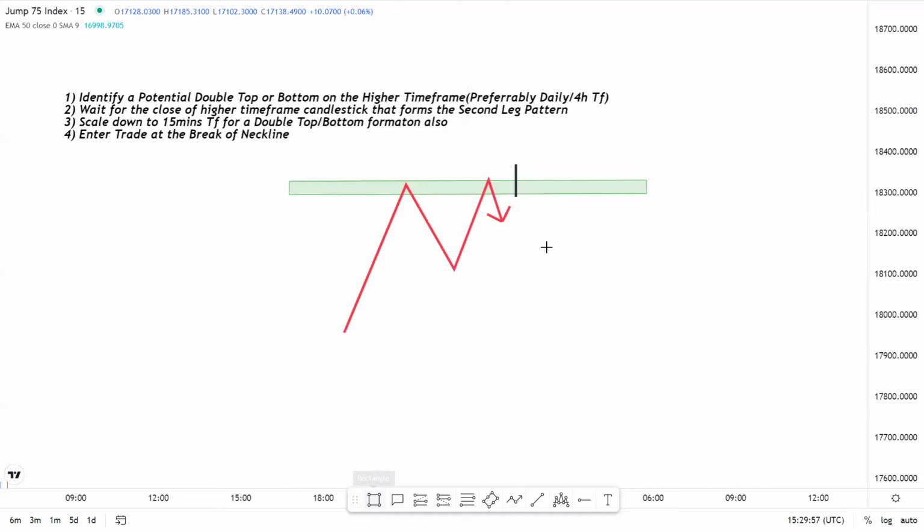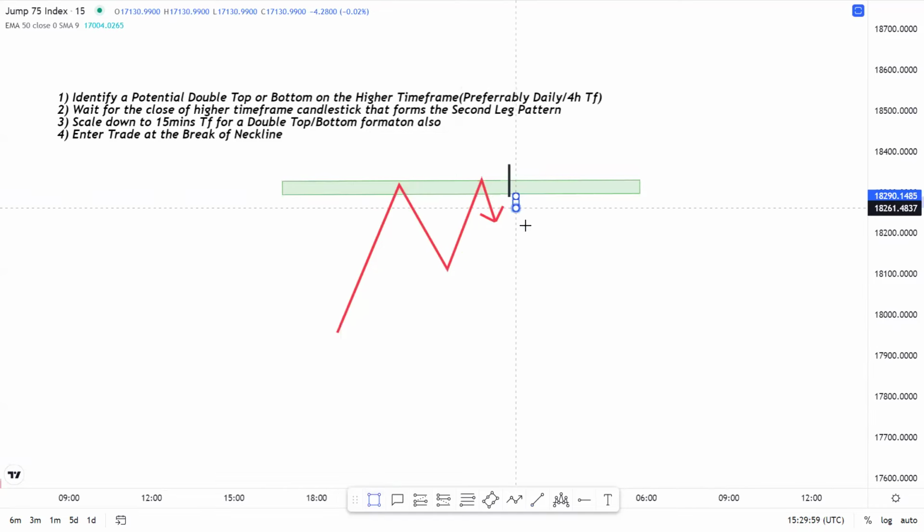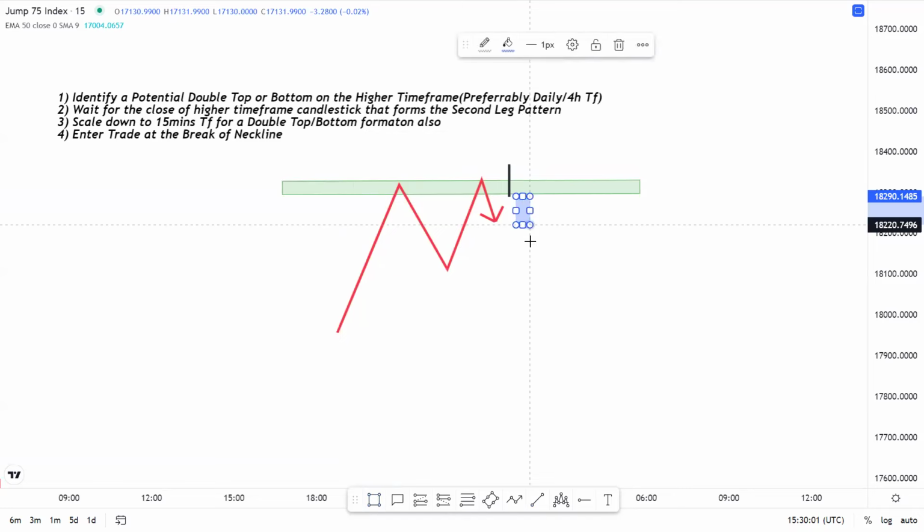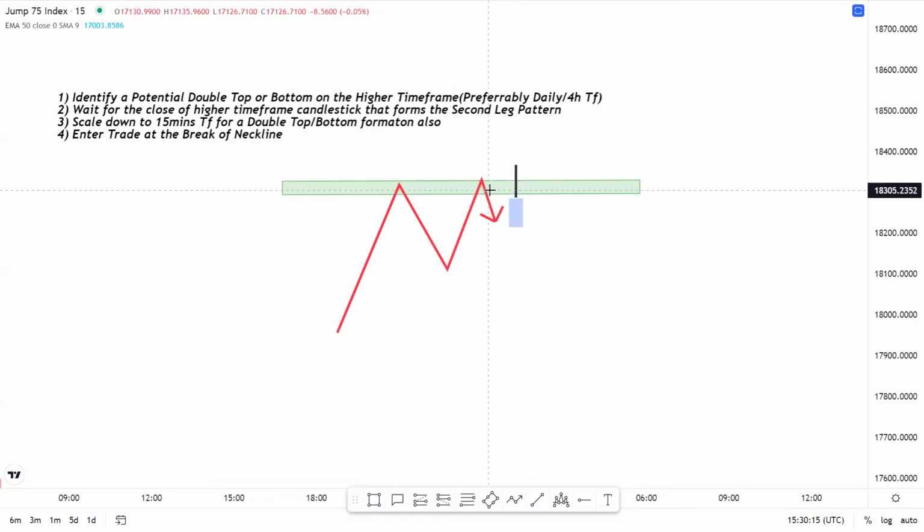Once I get to see this rejection during the second retest, which happens to be the second leg formation of the potential M pattern, I then move to rule number 3.